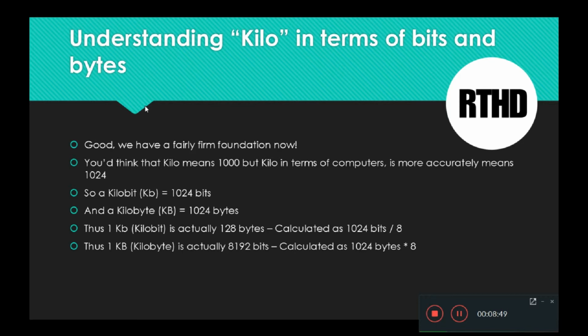Now we already have a foundation of what kilo actually means. Usually kilo means 1000, but kilo in terms of computers, more accurately, actually means 1024. And the reason for this is because most values are based on some level of binary operator.